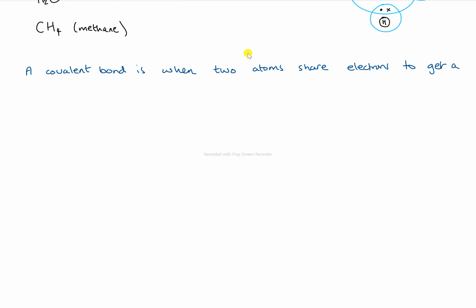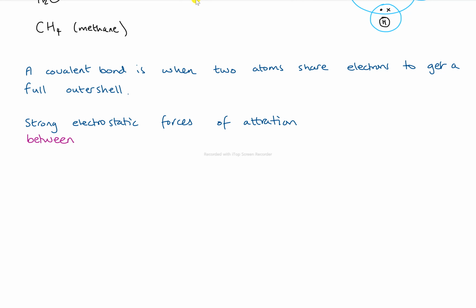Right, now that you've got that, why do they have high melting and boiling points? Because you have strong electrostatic forces of attraction. I'll explain what that means. Between, I like to split it up so then I know I've got all the parts.